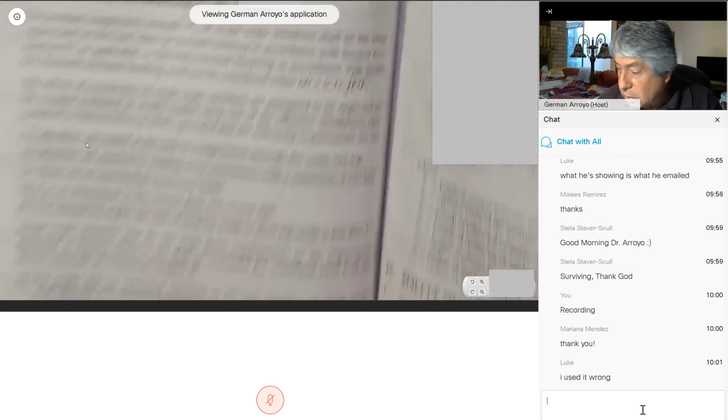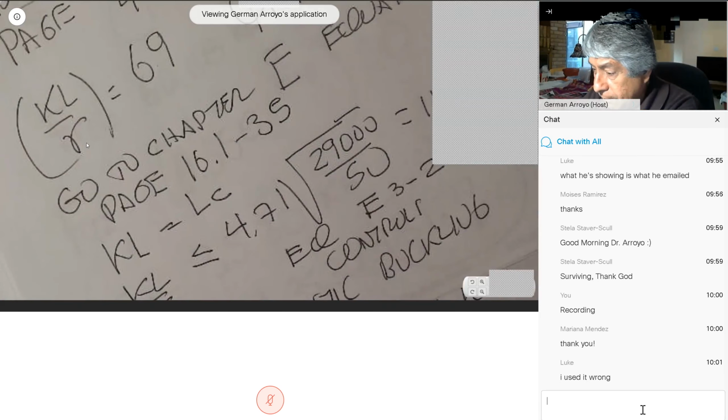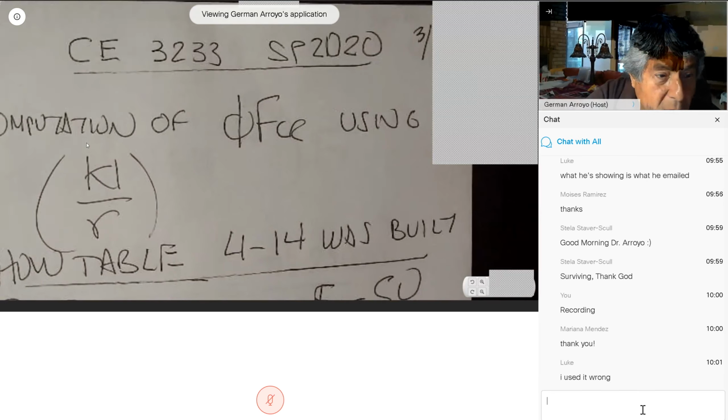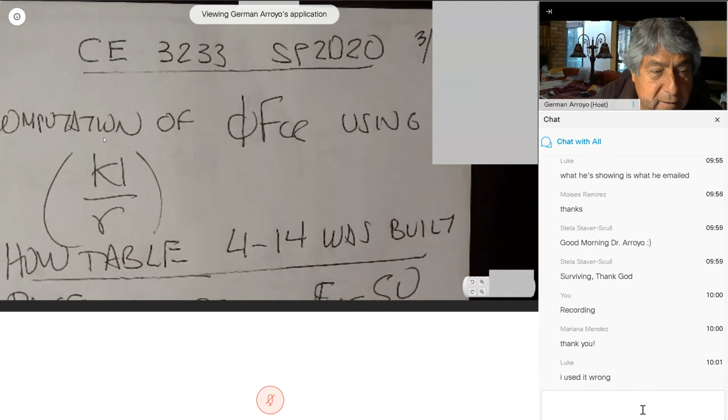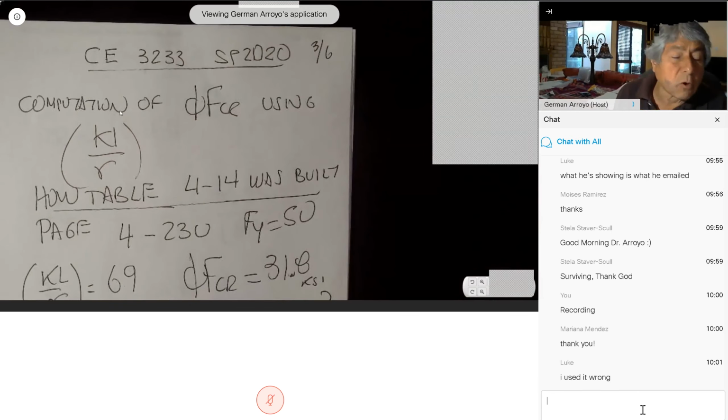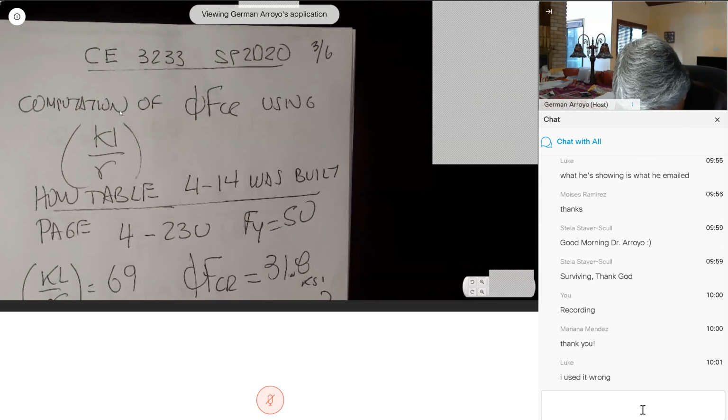So what I want to do today is show you how the values in table 4-14 were built. At the end of chapter 4, you go to the end of chapter 4. Chapter 4 is the chapter for column. You go to the end of chapter 4, you're going to find table 4-14.